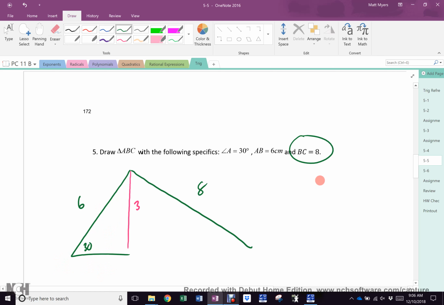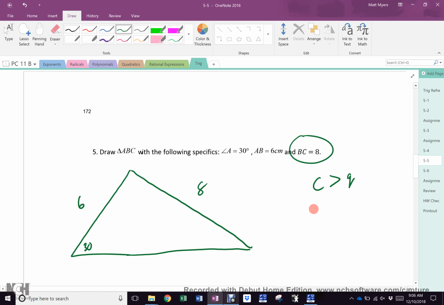So what do we know now? If C is greater than Q, it's got to go out to this side, doesn't it? How many triangles does that make? Can only be this one, right? Because the Q can only be that, right?